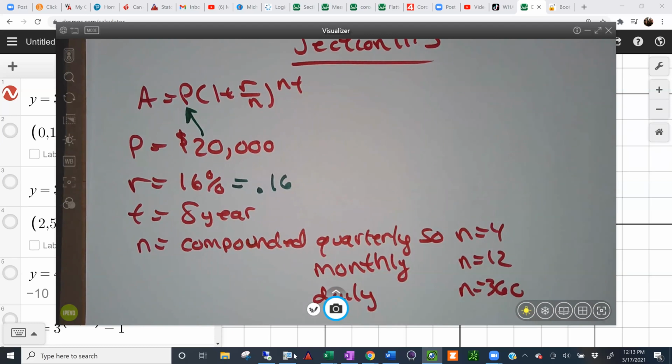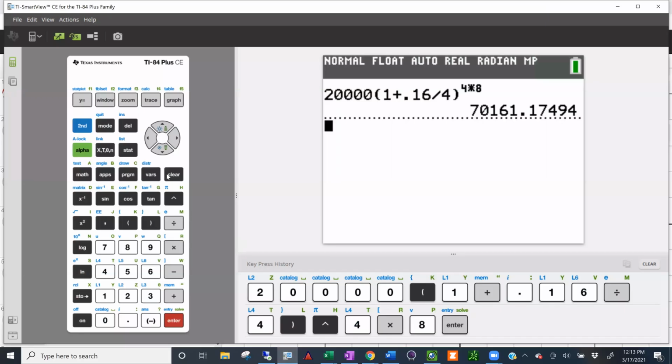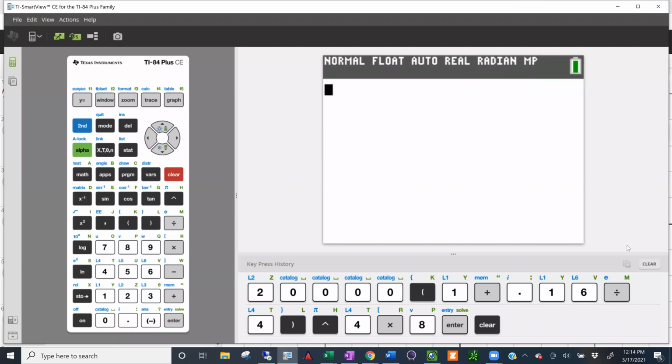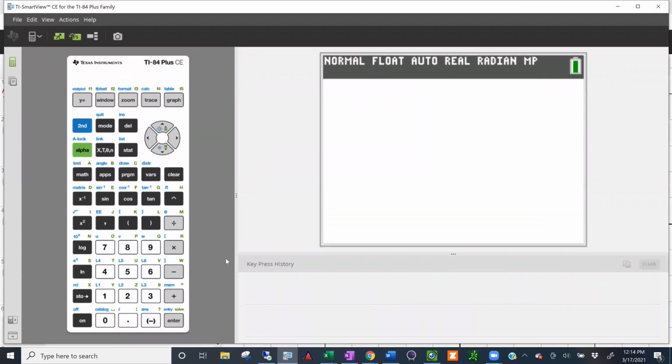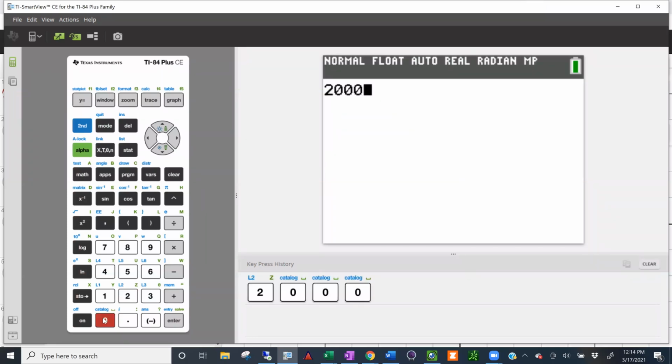For us, this is something you want to do on a calculator. So let me clear this out so you can see me put it in fresh. Start out with the 20,000. Your calculator understands that if I wrote 20,000 next to a parenthesis like this, that it's being multiplied.